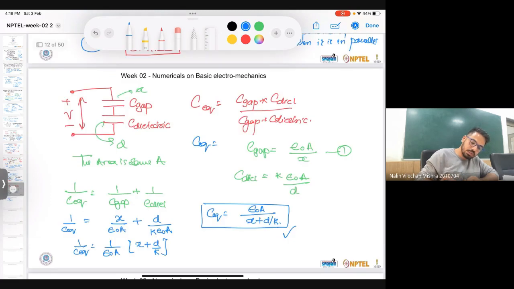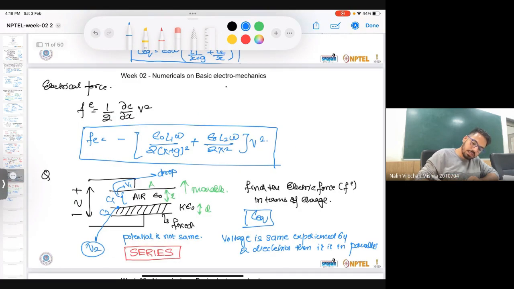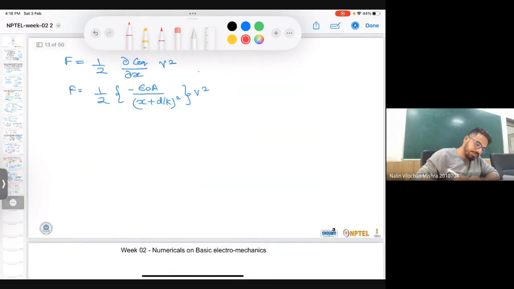But in the question, it is asked you need to find the electrical force in terms of charge. So we know that capacitance is given as epsilon A by d, and Q is equal to CV.